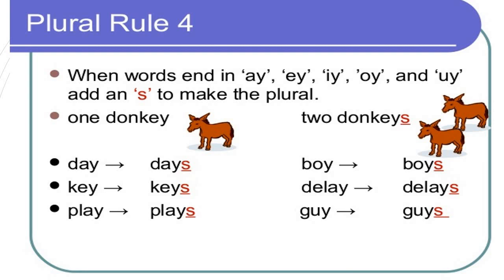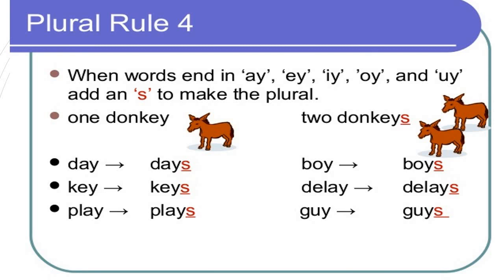Again, I can tell you that if there is a countable singular noun that ends with the letter y, and there is a vowel letter before y, we have to add only the letter s to pluralize it. Look at the first example, one donkey.